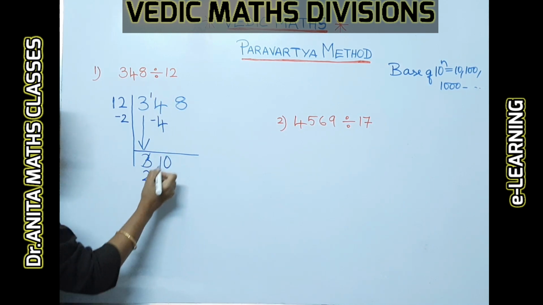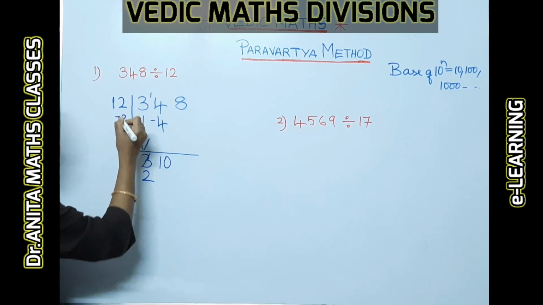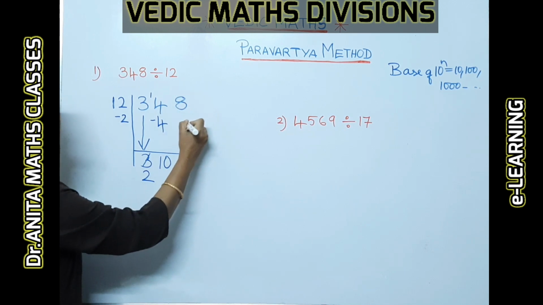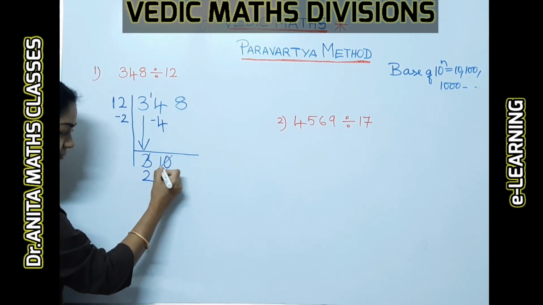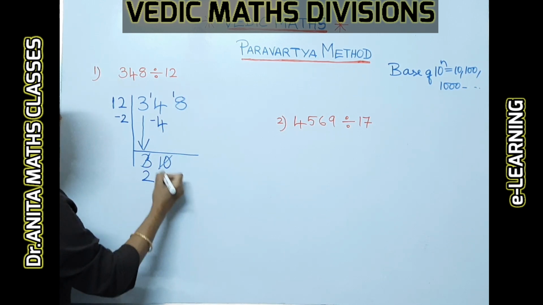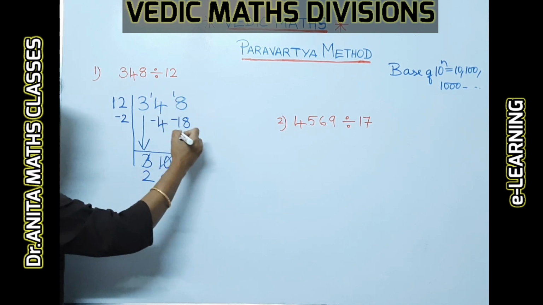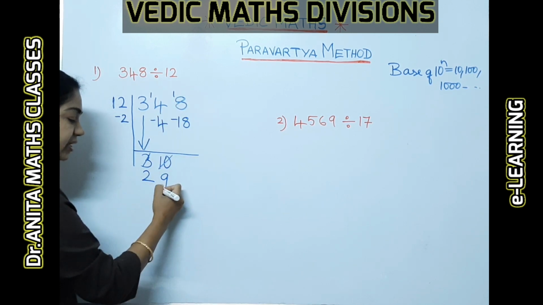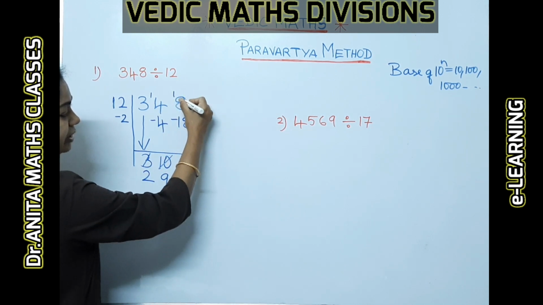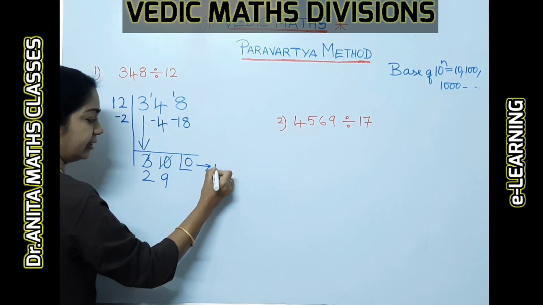This 10 should be multiplied by the transpose and added to the next number. 10 into minus 2 is minus 20, which again is not practically possible, so decrease 1. 9 2s are 18. If 18 goes from 18, fine; if it doesn't, decrease 1 again and place 1 more in the remainder. So 18 minus 18 is 0, and this 0 is the remainder.